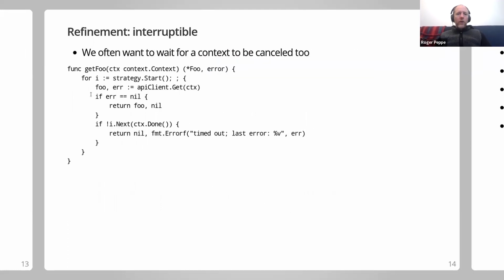The other thing is that quite often you don't want to just wait for the retries. Maybe there's something else which is going to tell you, usually a context, but not always, when things want to finish. In this case, you can pass a stop channel, a channel of empty struct, to next, which is okay for ctx.Done.